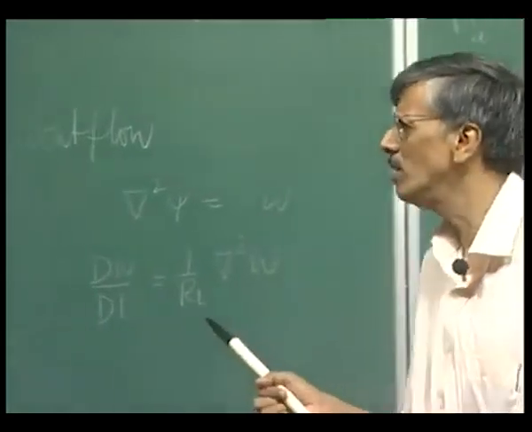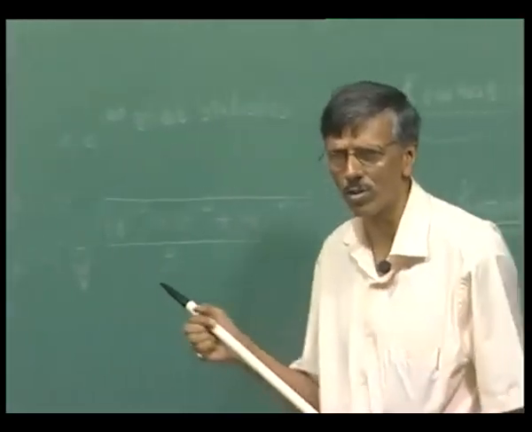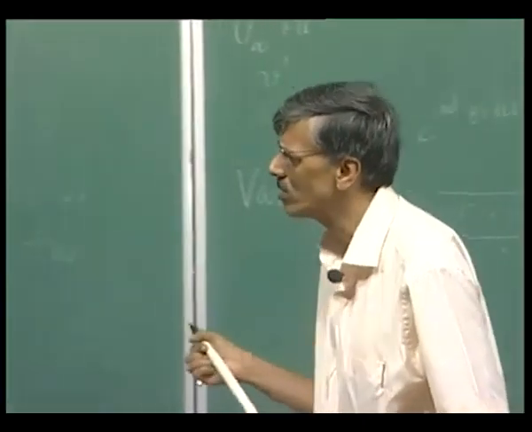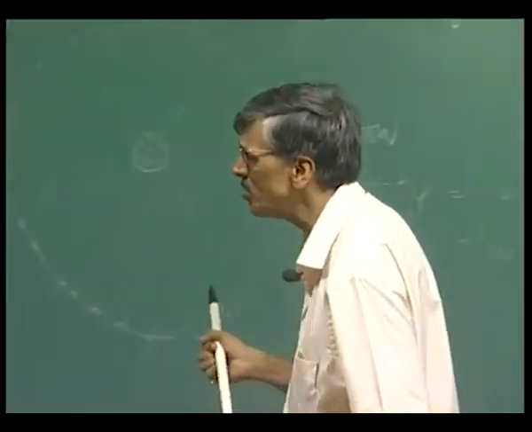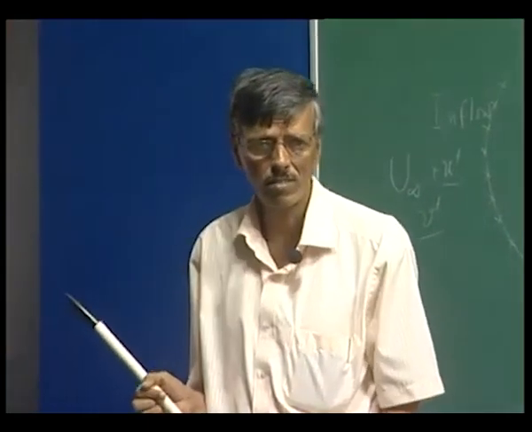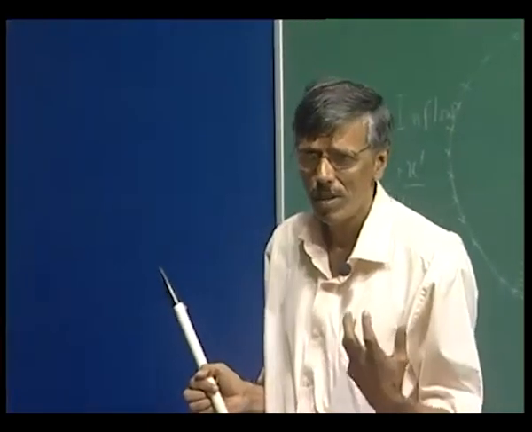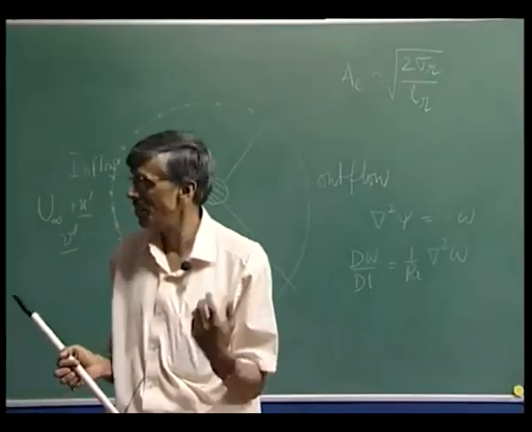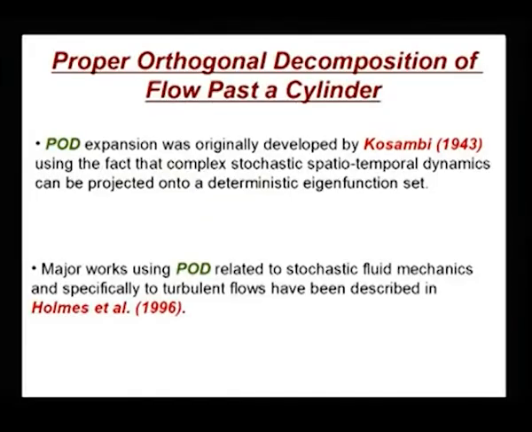Now, we need to know a little more about it, and that is achieved by using the computed results. We have the ability to compute the flow with and without disturbance, and then we can post process the data. And what do we do by post processing?